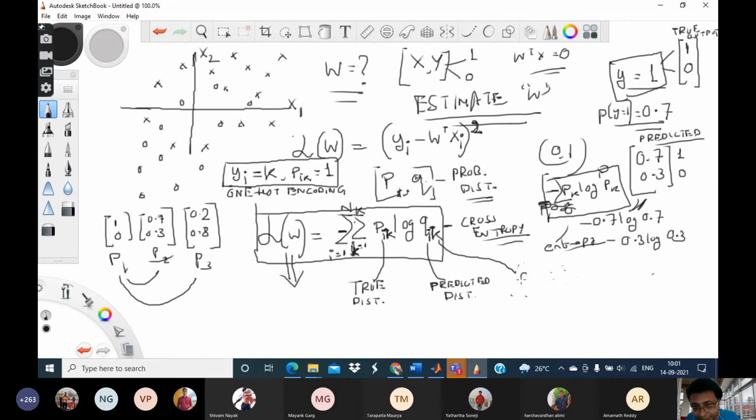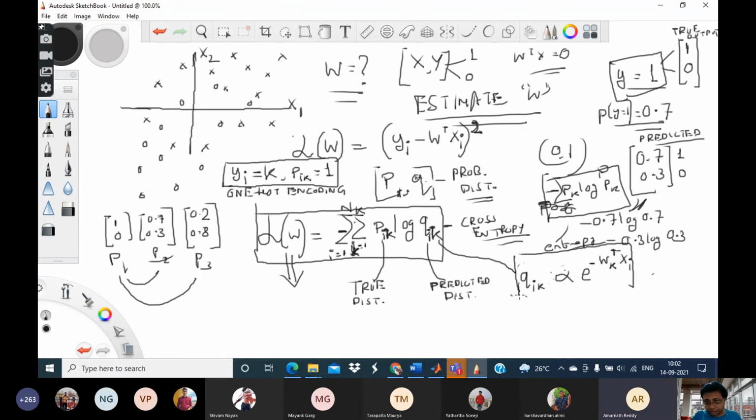So qik is proportional to the probability of that particular class, which I have already expressed in the following way. Each class has its own w vector, so I write it in the following way. Remember I am using xi because this is the ith data point.